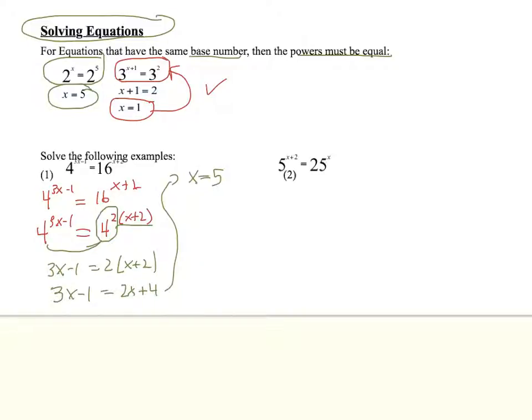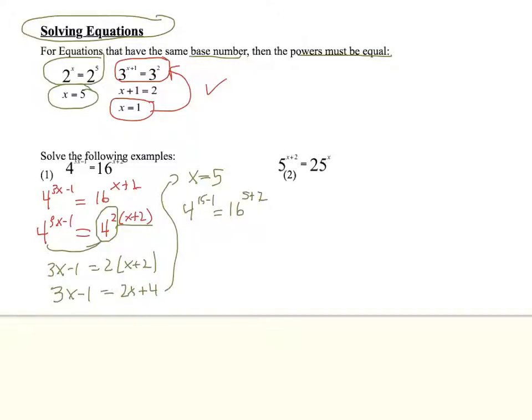And of course we'll plug it back in, right? We have 4 to the 15 minus 1 is equal to 16 to the 5 plus 2.